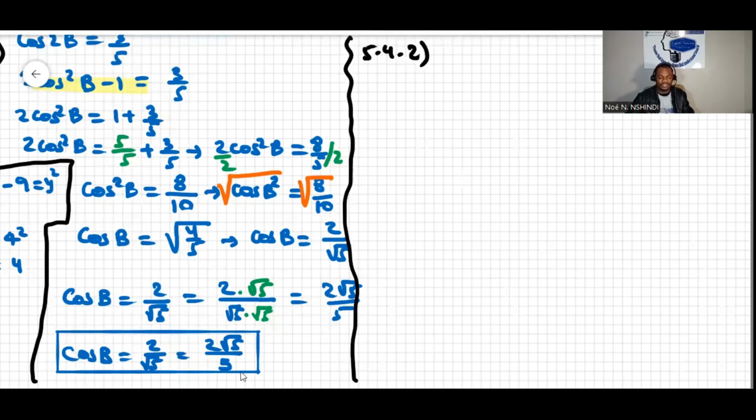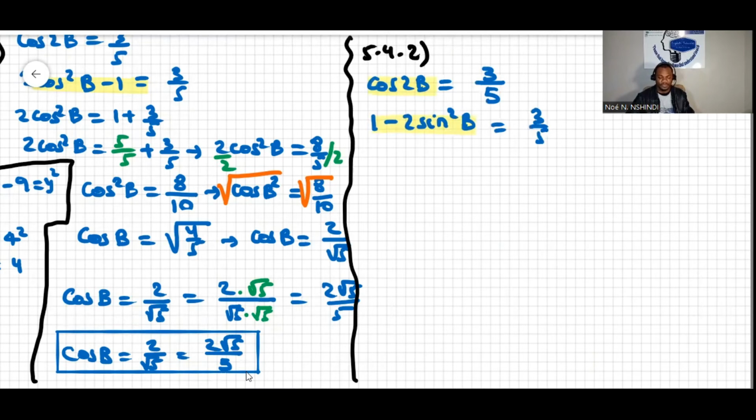Because cos of 2b equals 3/5, cos 2b can also be written as 1 minus 2 sine squared b. So this is just cos 2b, and then equal to 3 over 5.